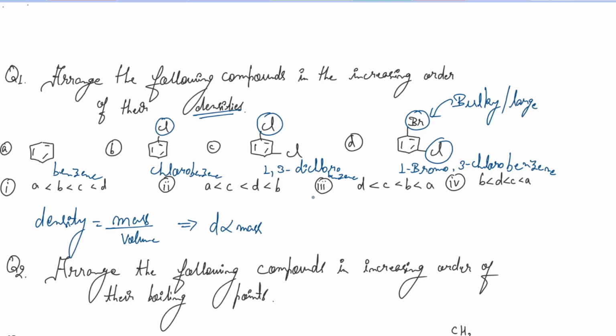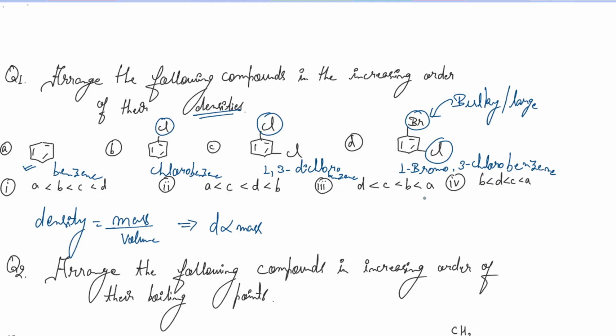In the first option, there is simply a benzene, so definitely its mass will be less, because in all these four options benzene is common. So the density of A should be the least.